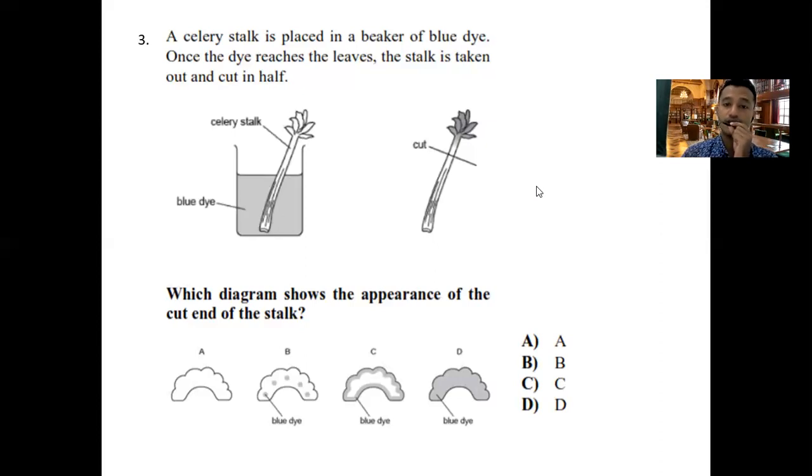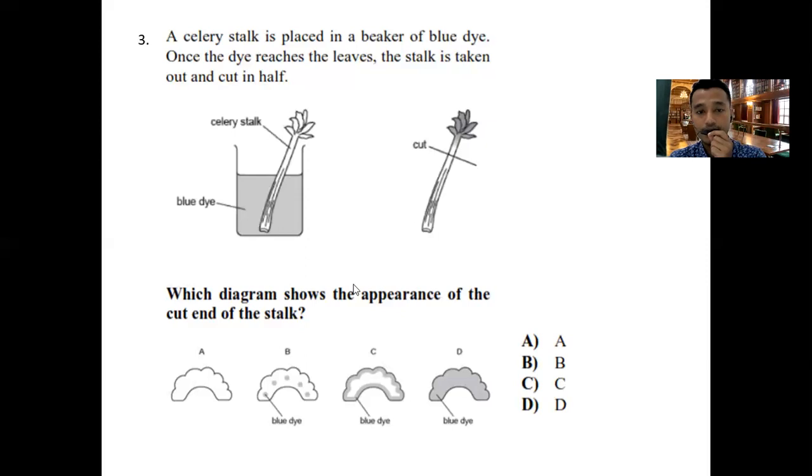The structure that carries glucose from the leaf to all parts of the plant, we call phloem.